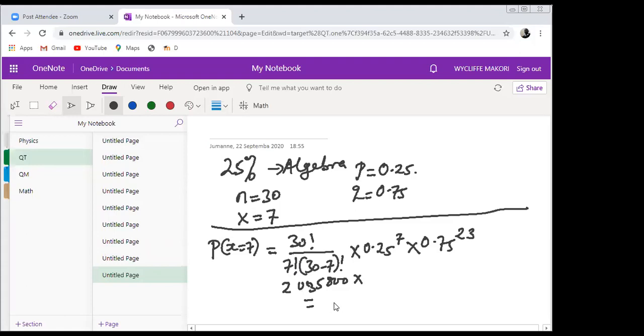So the answer you are going to get there is going to be a cumulative answer for everything. I don't know whether there's anybody with a different answer, but I'm getting 0.1662 to 4 decimal places. Are you able to arrive at that answer?